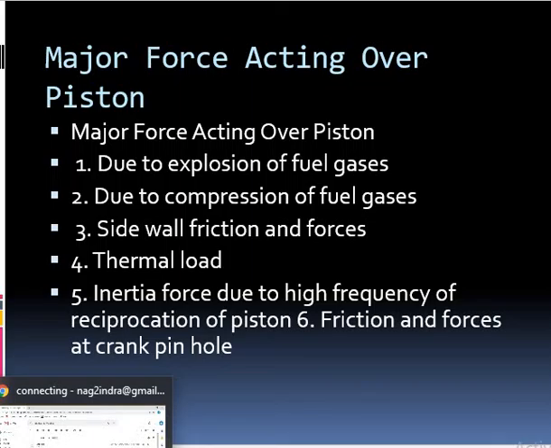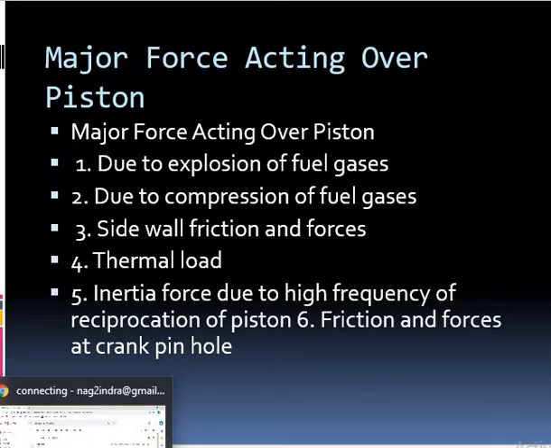At that time one force is acting, called expulsion of fuel gases, and the second is due to compression of fuel gases, whenever burnt fuel is there.